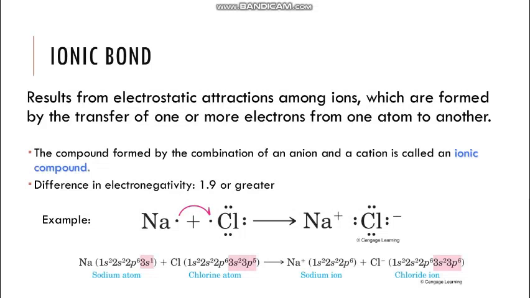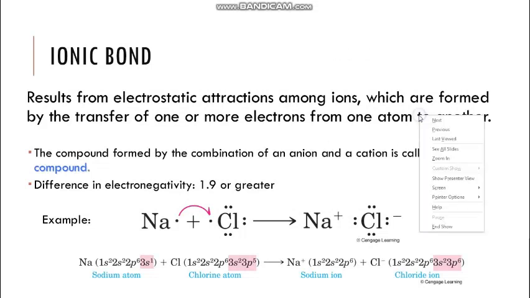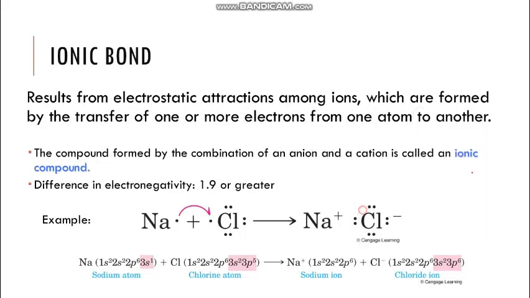So ionic bonds are formed by the transfer of one or more electrons from one atom to another. Now, the compound formed by the combination of an anion and a cation is called an ionic compound.